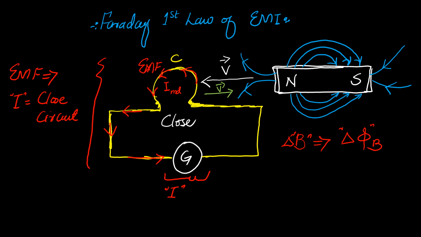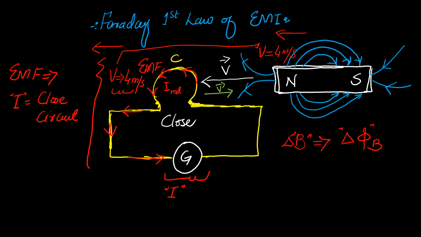Now, a key point to notice here is that if the velocity of a moving magnet is 4 meters per second, and similarly the velocity of the conducting coil is also 4 meters per second, so this means that the speed of both is the same. Suppose they are moving in the forward direction, both with a velocity of 4 meters per second.